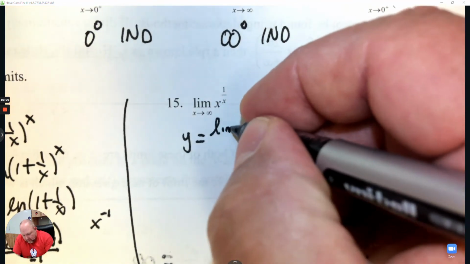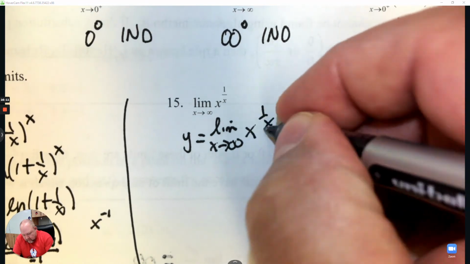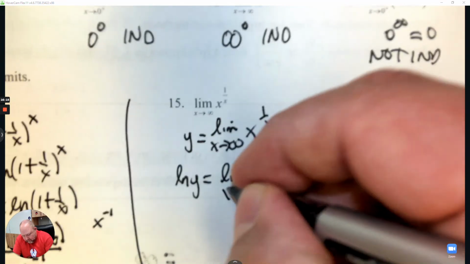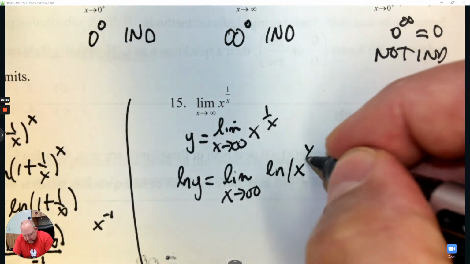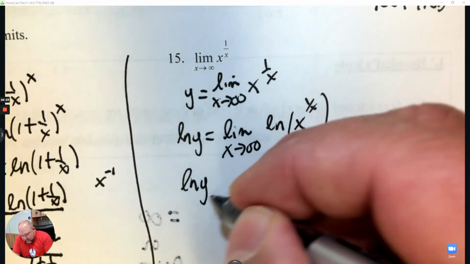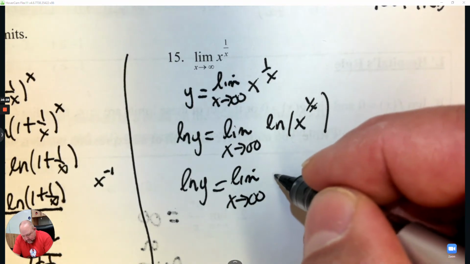I'm going to create an equation, and then I'm going to take a logarithm of both sides. So ln y is equal to ln, again the limit will always go first, of x to the exponent 1 over x. At this step, the 1 over x can be written in front of the logarithm. That's the power rule.